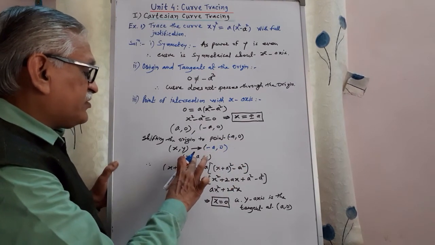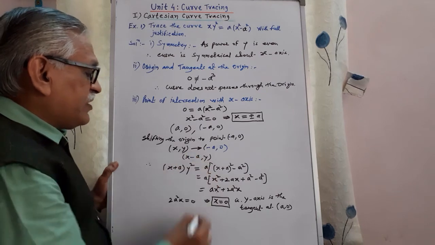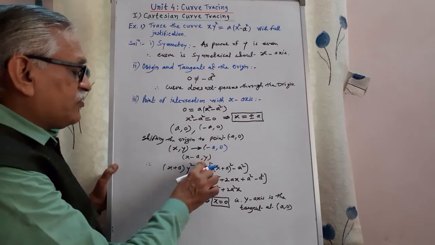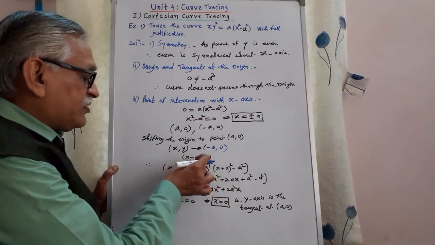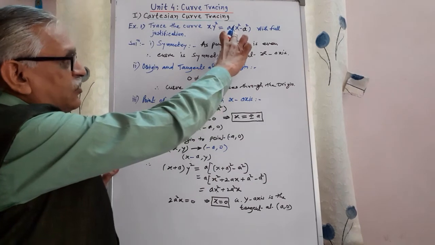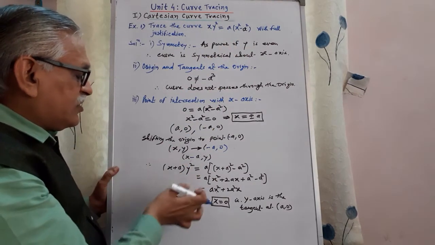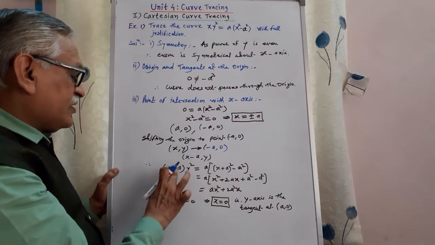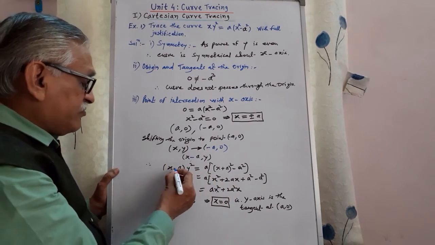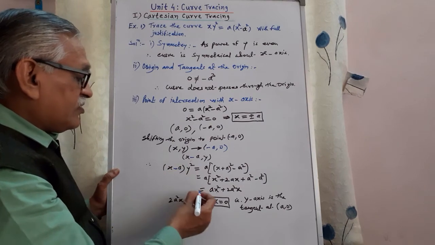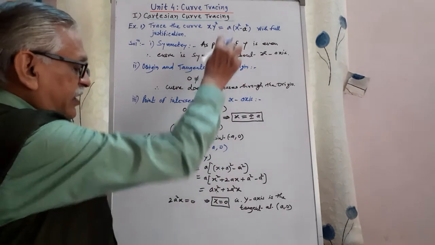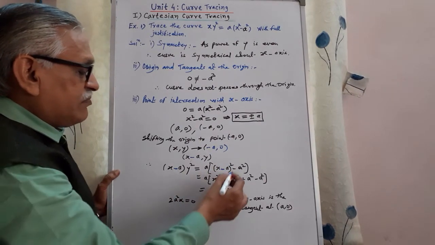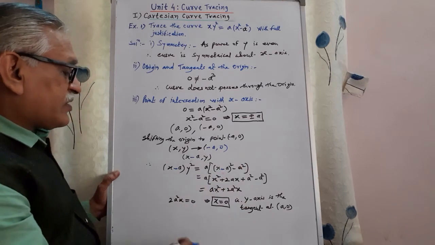Change in x coordinate is x minus a, and change in y coordinate is y plus 0 means y. Again, curve is passing through this point, means it will lie on this curve, and it will satisfy that equation. Therefore, I will make the changes here itself. This point becomes x minus a into y square equals a into x minus a bracket square minus a square.